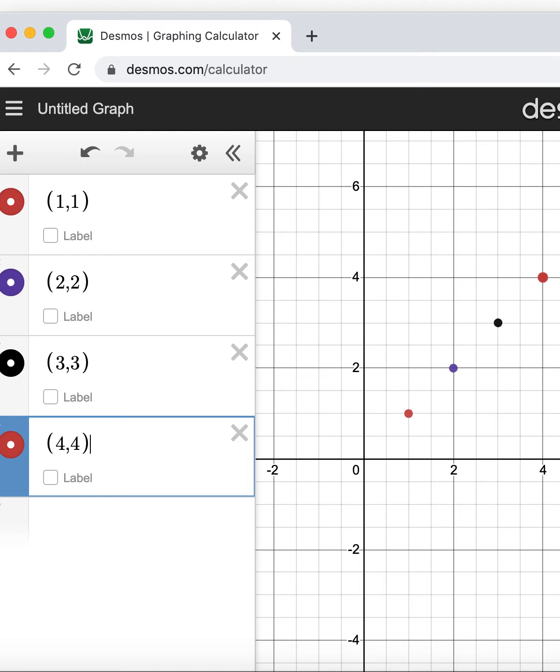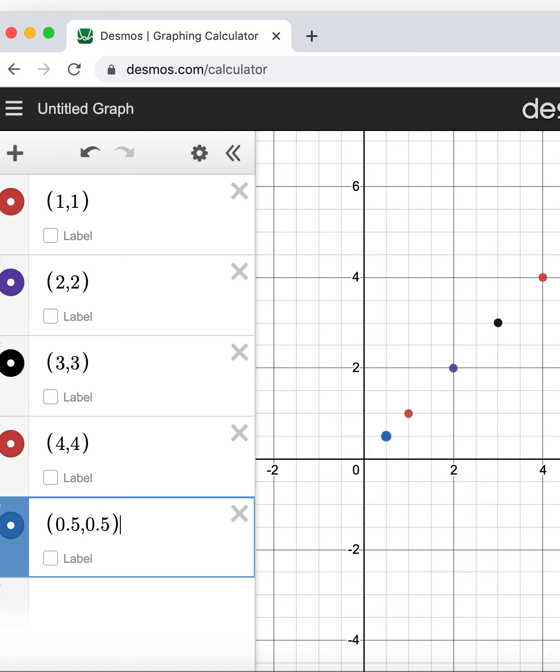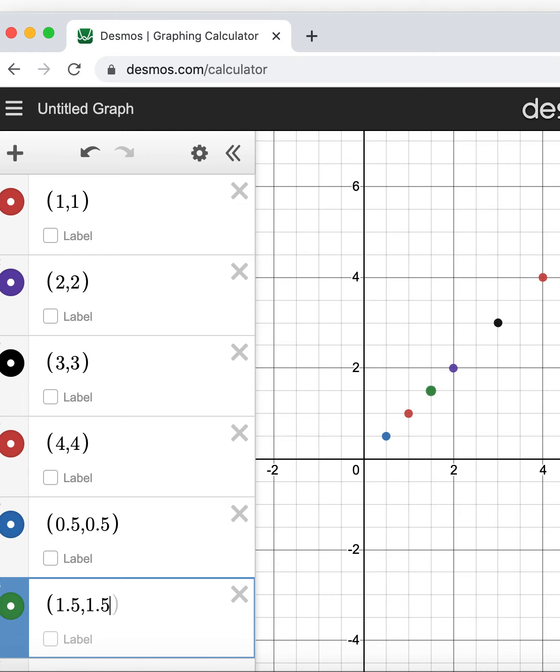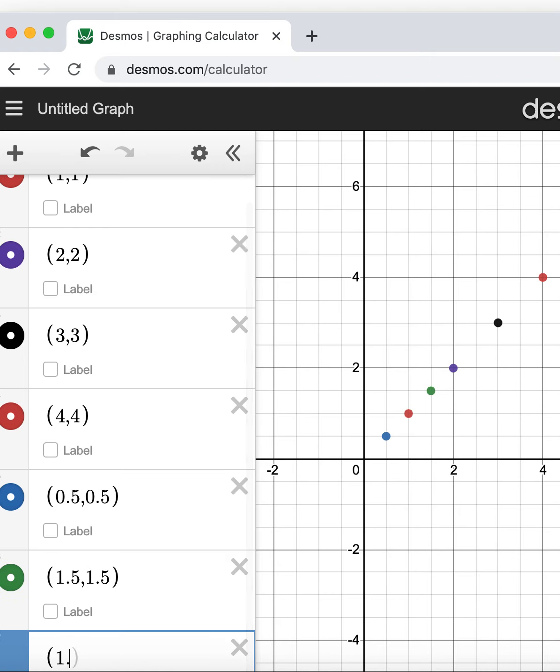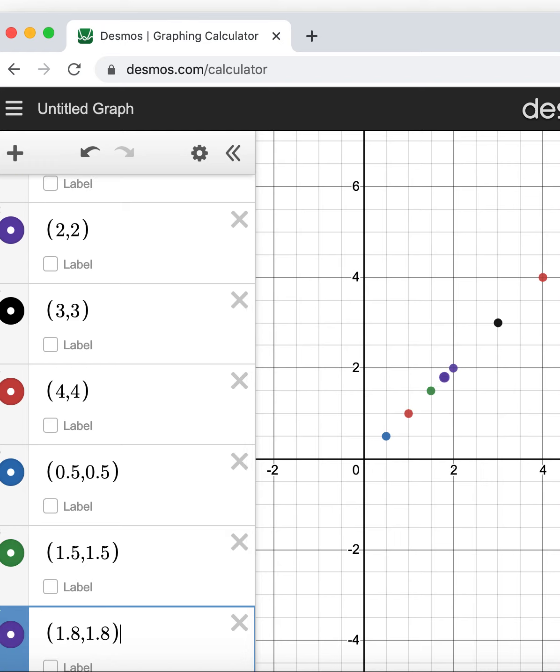And if we wanted to expand the domain beyond what it is now, we could include many more points. We could do, for example, 0.5 comma 0.5 if we wanted to allow fractions. We could have 1.5, 1.5, 1.8 comma 1.8, and this could keep going.